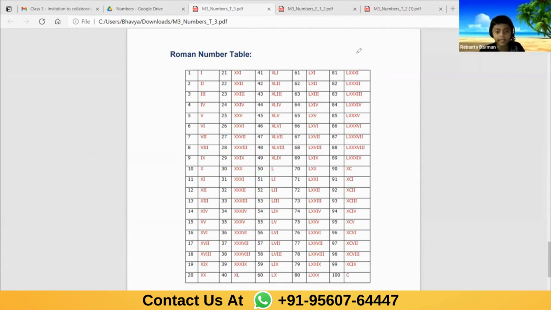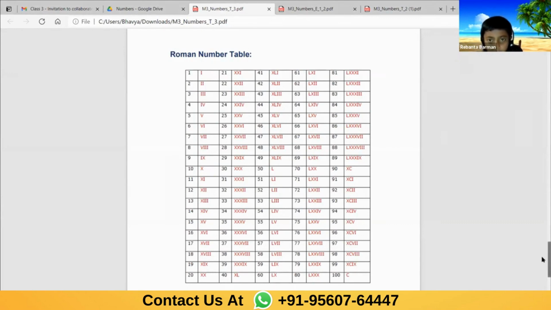Ma'am, there is C in 90, 91, 92, and towards this there is X, before the L and after the L there is X. But you have said that X will end at 49.